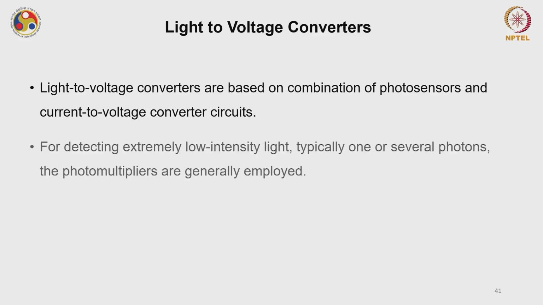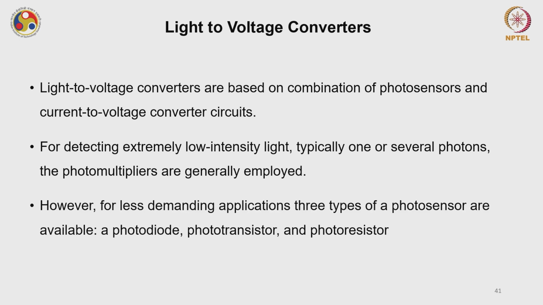Sometimes you need light to voltage converters, and light to voltage converters are based on a combination of photosensors and current to voltage converter circuits. For detecting extremely low intensity light, typically one or several photons, or photon packets, photomultipliers are mostly used.